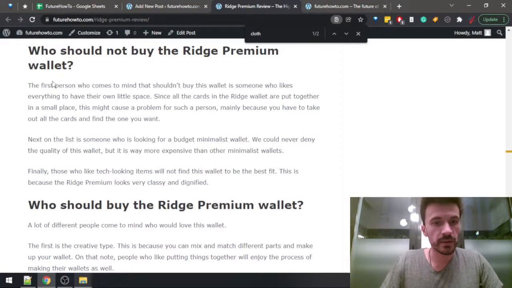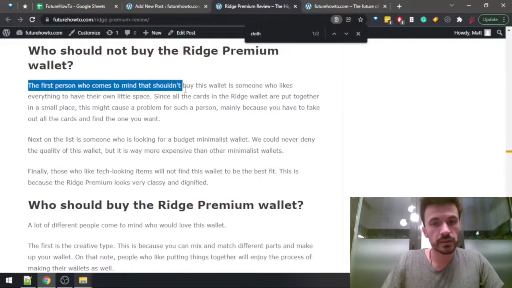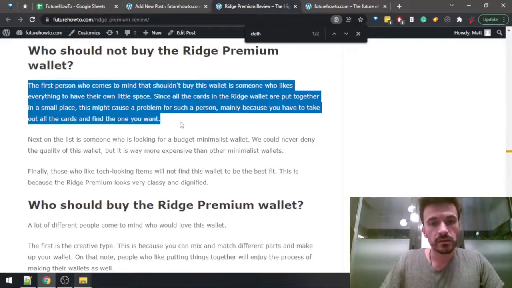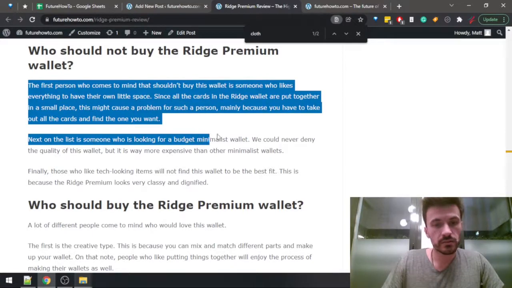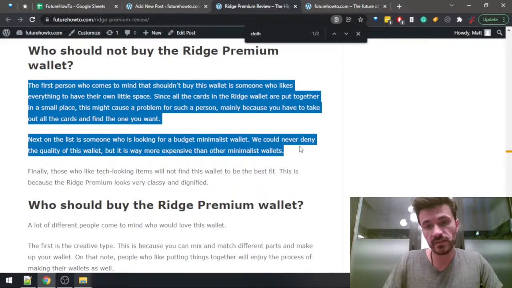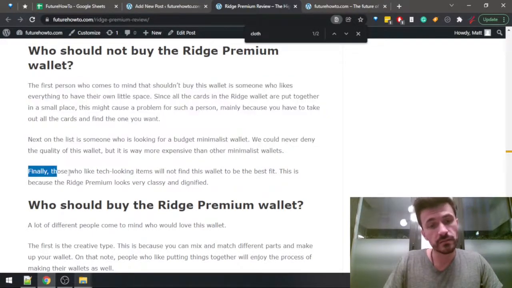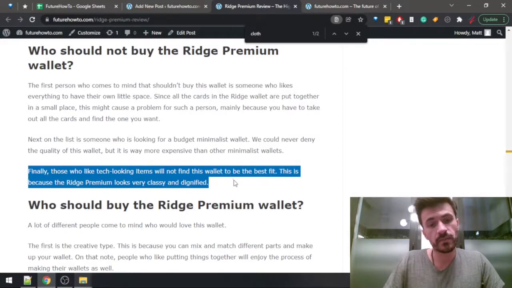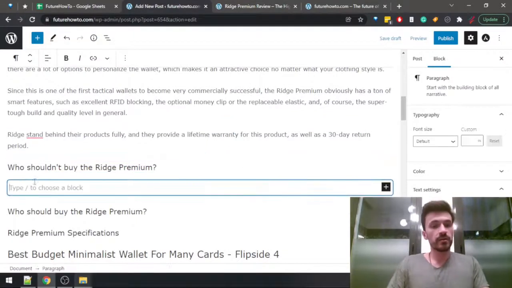Who should not buy? Okay, so maybe the cards are all next to one another. This is not exactly a budget item, and yeah, that's pretty good.